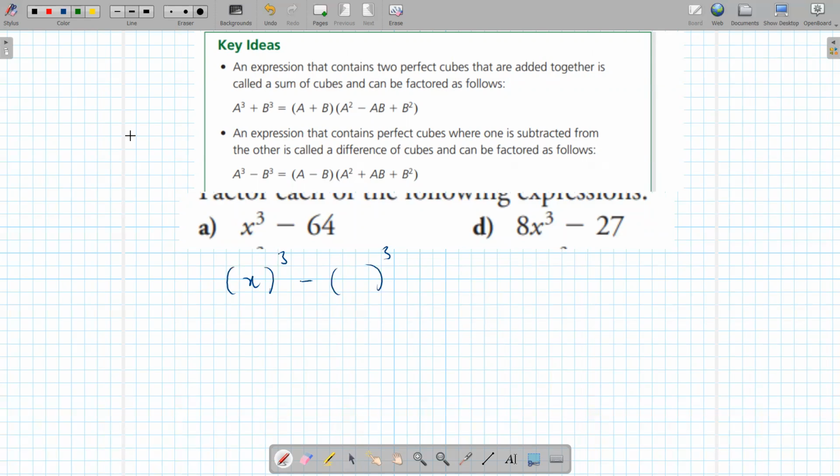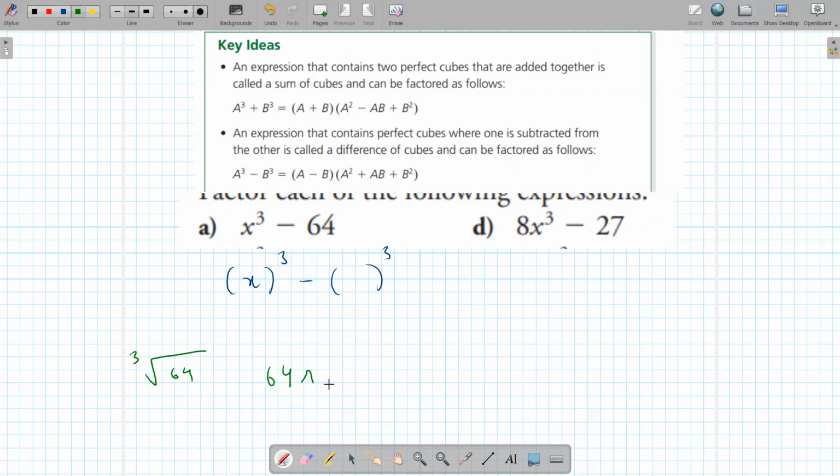Or you can just find the cube root of 64. You remember how to find the cube root of 64 on a calculator? You have to change it into exponential form. So you do this, okay?